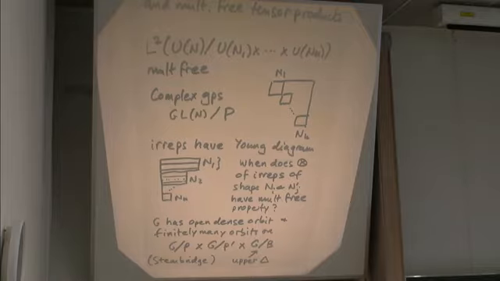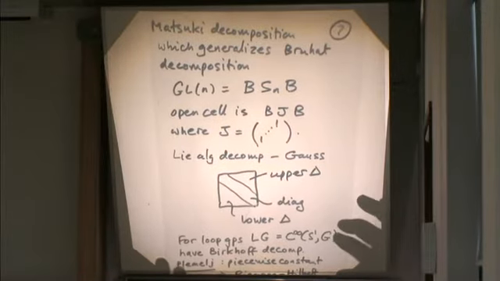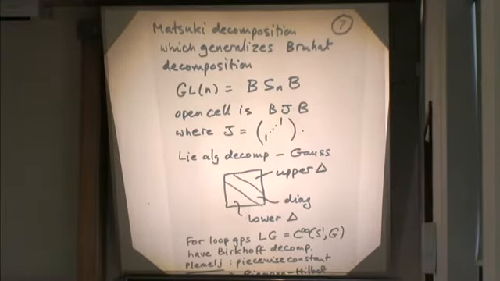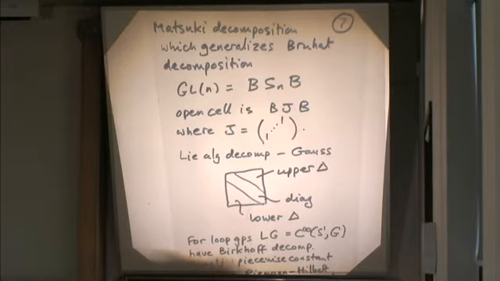It's a slightly funny thing, but known in representation theory under a different name before that, which doesn't use any algebraic geometry, and that's Matsuki decomposition, which can be proved just using analysis. And it generalizes the Birkhoff decomposition, which is that if you take GLNC, I said you could write everything as a lower triangular times an upper triangular, and that is equivalent to this double coset decomposition: if you take the upper triangular matrices and decompose the group as a double coset, then the symmetric group gives you a set of double coset representatives.